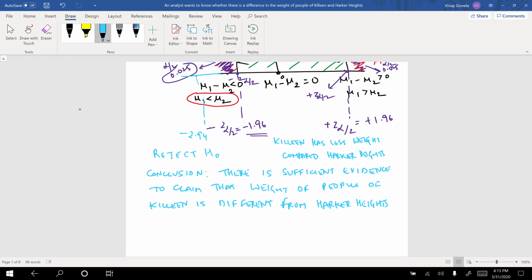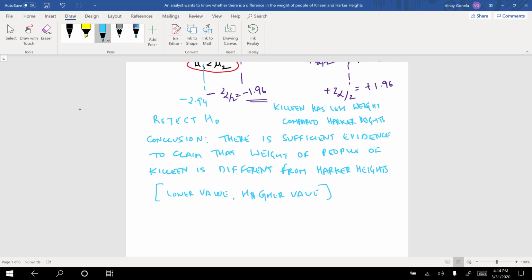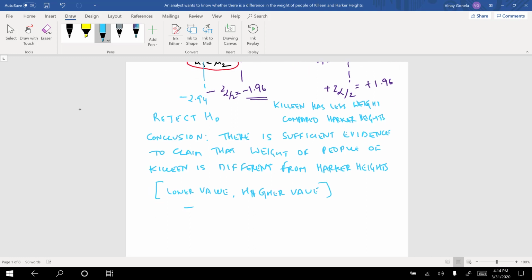So usually you can use a confidence interval also. In a confidence interval, you have a lower value and a higher value. If the lower value is negative and the higher value is a positive number, here you have 0 in between, so your null hypothesis mu1 minus mu2 will be equal to 0.